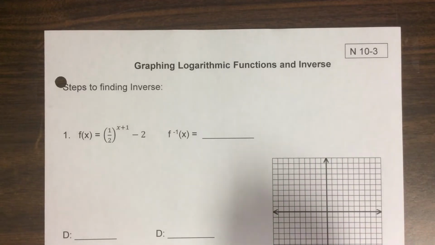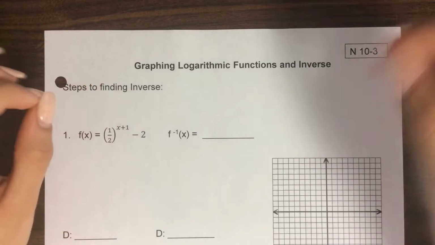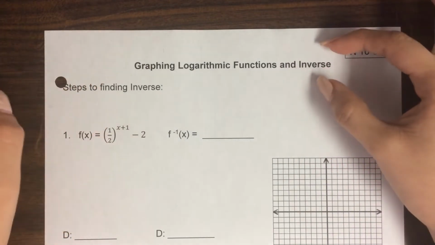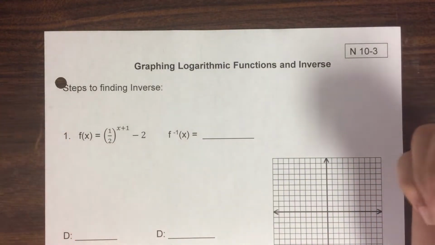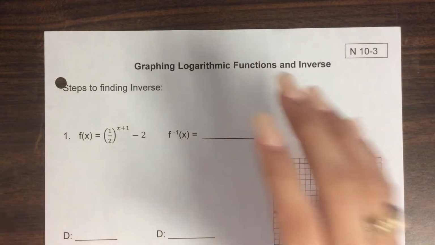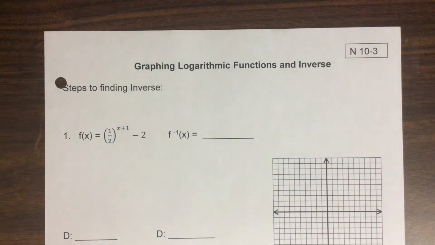All right. So what we are going to be learning in this unit, in this lesson in particular, is graphing logs, and really what we're going to be doing is finding the inverse of these complicated exponentials and logs. With the graphing part, we're going to take it a little more lenient, and we're not really going to graph them.